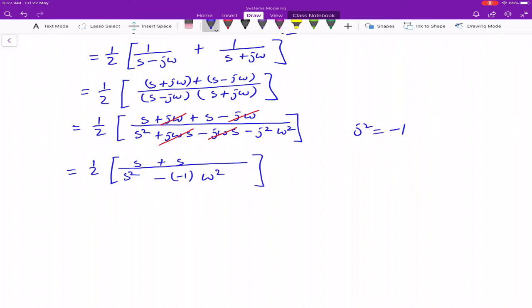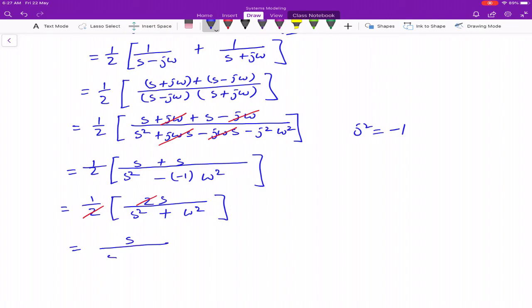Okay, I'm just rewriting everything so that you know where things are coming from. This is equal to a half, s plus s is 2s, s squared comes here, minus times minus 1, that's plus, so you're going to have plus omega squared. Okay, and then the 2 here and that one cancel out. Then you rewrite this equation as s over s squared plus omega squared.